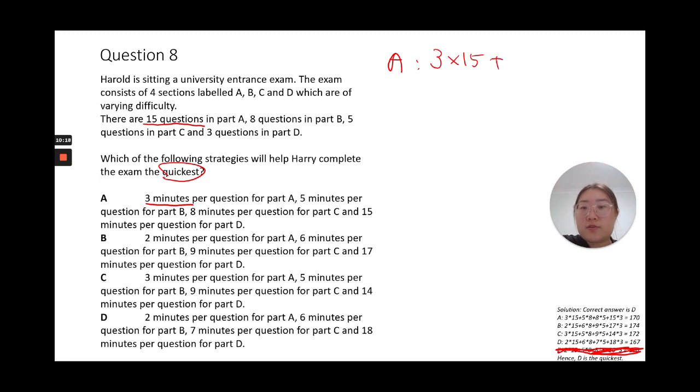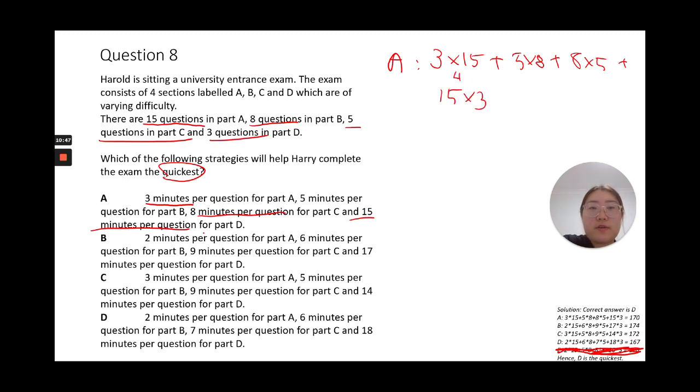I'm going to add that to 5 minutes for part B. You have 8 questions, so let's do 5 times 8 plus 8 minutes for part C. So 5 questions in part C, so we're going to do 8 times 5 plus 15 minutes for part D. So 3 times 15, or 15 times 3.